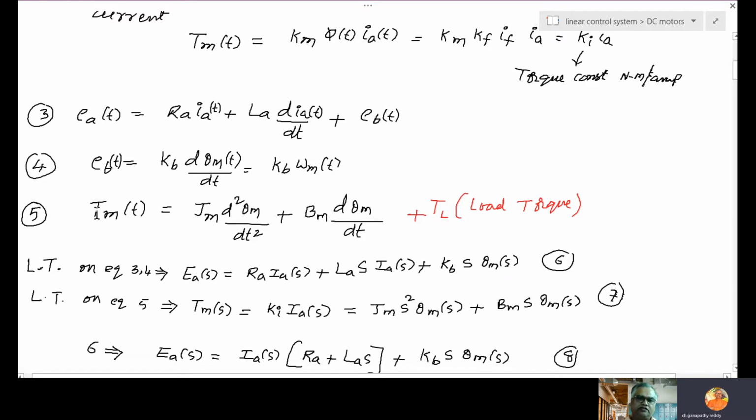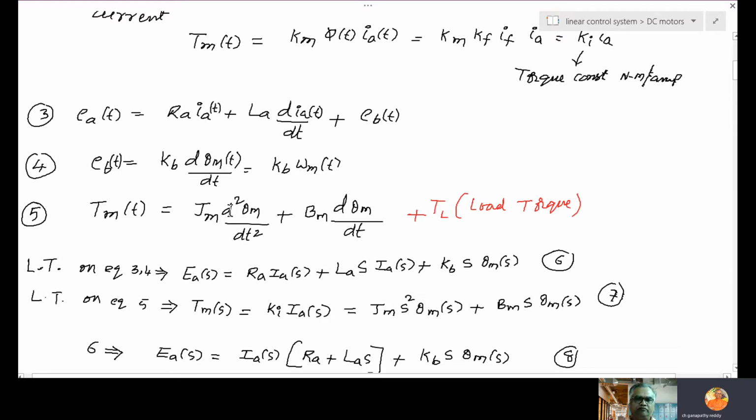And whatever torque is developed by the motor has to drive some load, some pulley, and that is supported with some shaft with a bearing mechanism. That will give some friction. Bm d theta m by dt is the viscous friction, and it is rotating an inertia of Jm, m for motor.